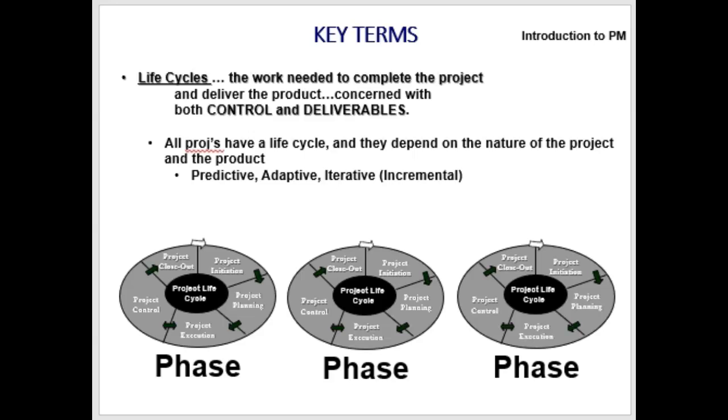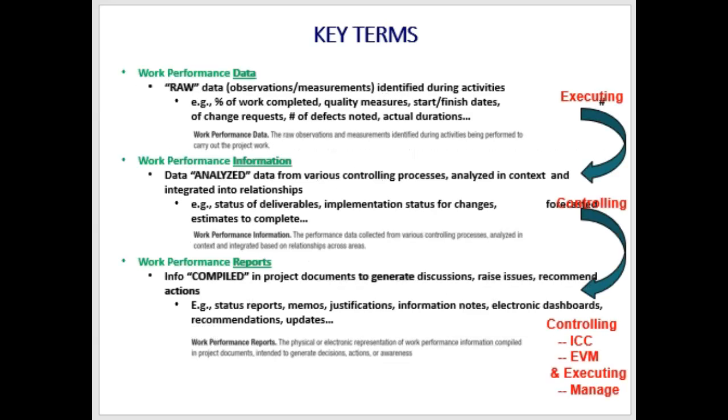To do this properly, we talked about comparing at the baselines at milestones, and we talked about comparing the plan versus the actual, right? So the plan is what we built in advance. The actual data starts with work performance data. I think this is a review of what we've discussed earlier.